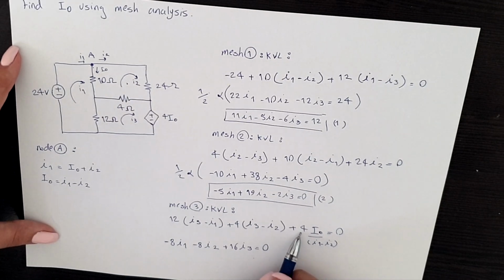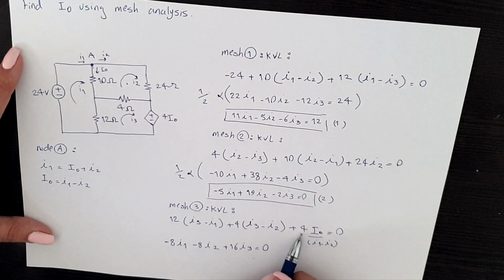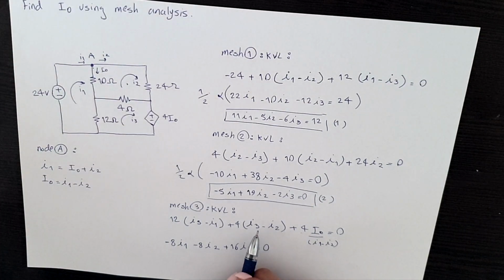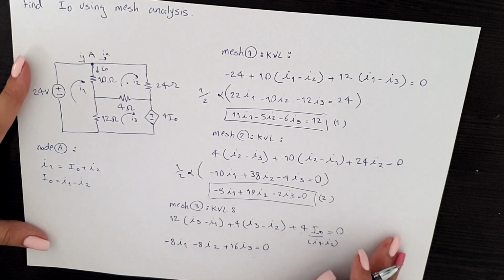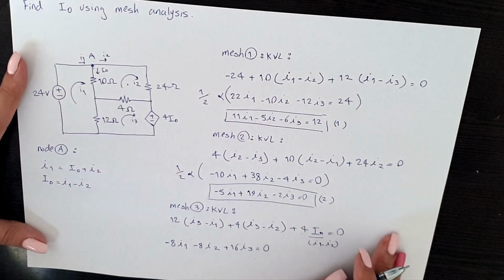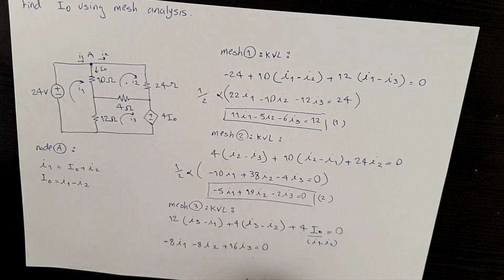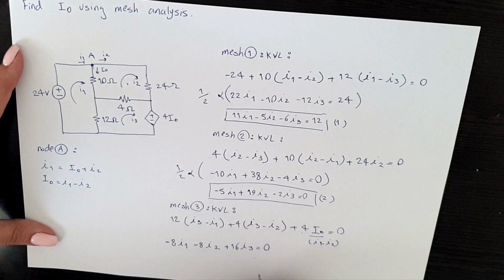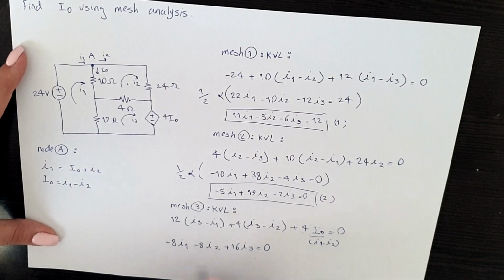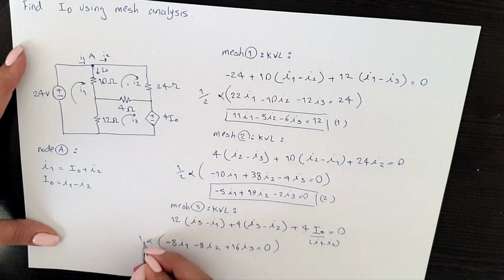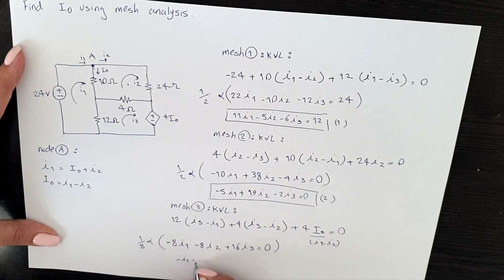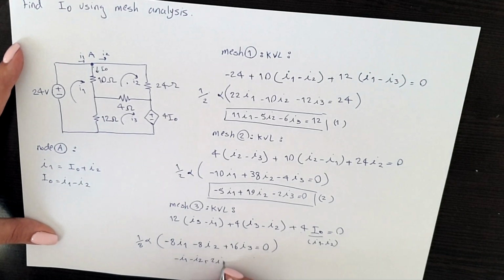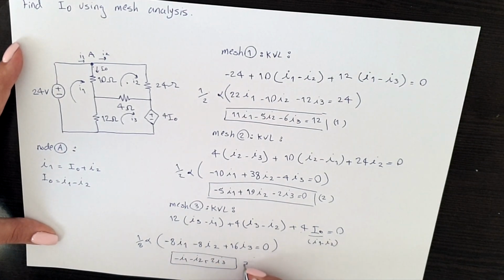So this is also, we multiply this by 1/8, so it's minus I1 minus I2 plus 2I3 is equal to 0. This is our third equation.